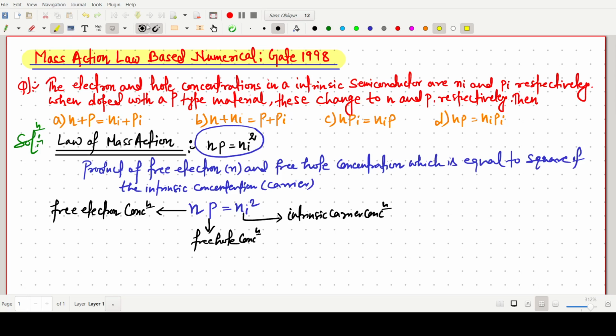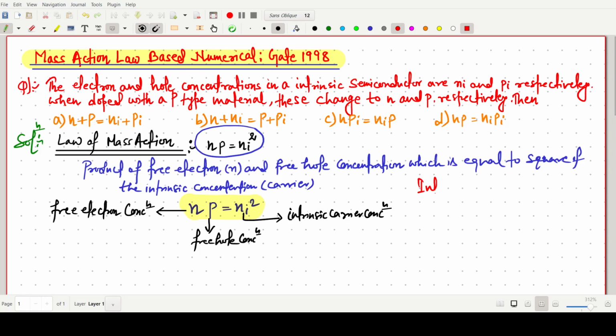This equation is valid for both intrinsic as well as extrinsic semiconductors.